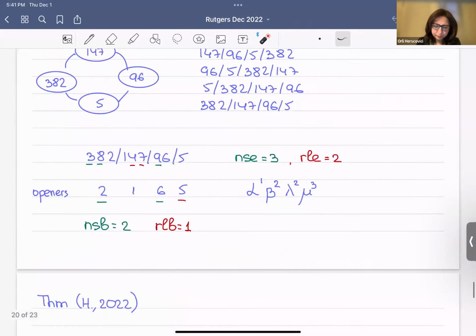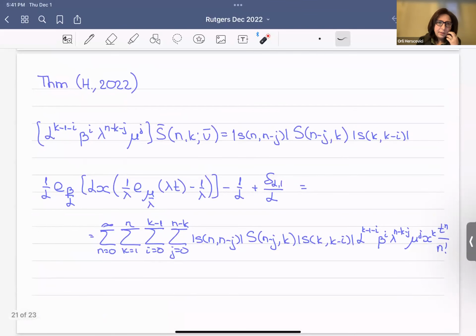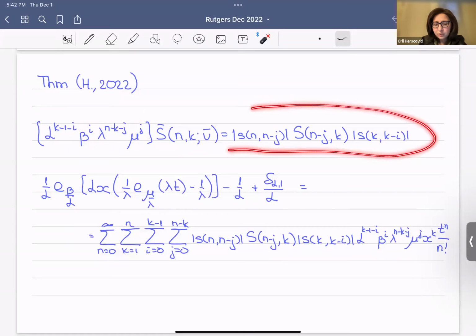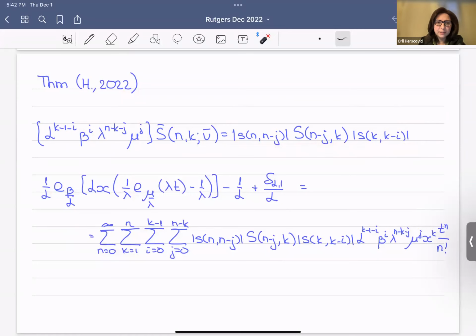So actually, by applying such opening of cyclically ordered partitions and noting that, again, we have complementary statistics, we get again partitions with I blocks and J elements, NSB, NSE. So our coefficients again are given by the same product of 3 Stirling numbers, 2 unsigned Stirling numbers of the first kind and a Stirling number of the second kind.